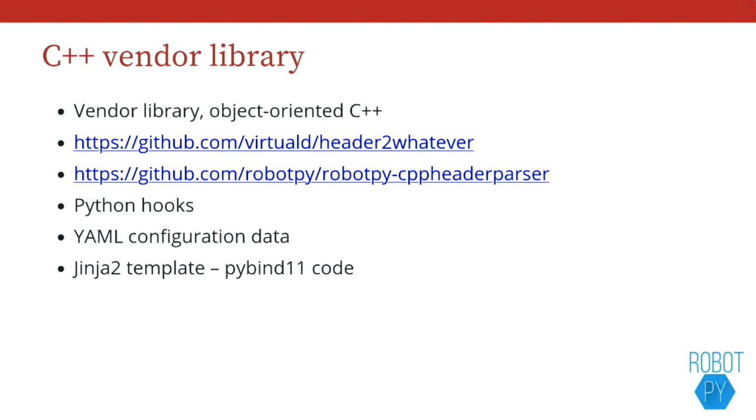So luckily, we already had all this generation code from that previous library that we built. So we decided to reuse some of it. So yeah, similar sort of setup with the same libraries, but different Python code, and the YAML looks a little bit different.